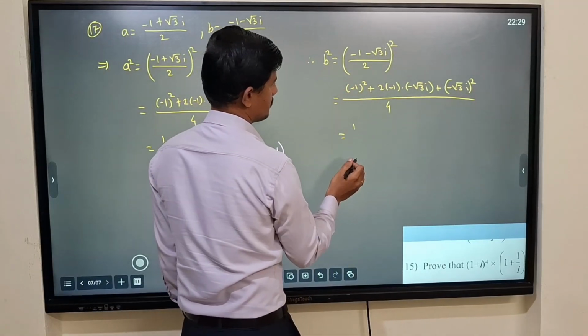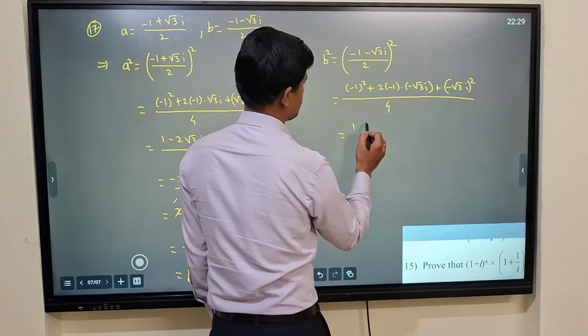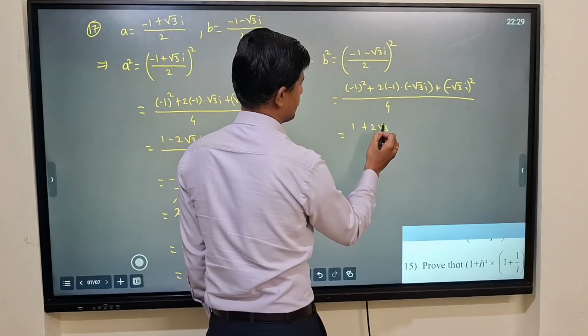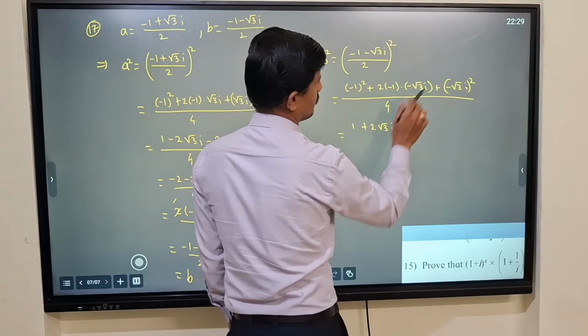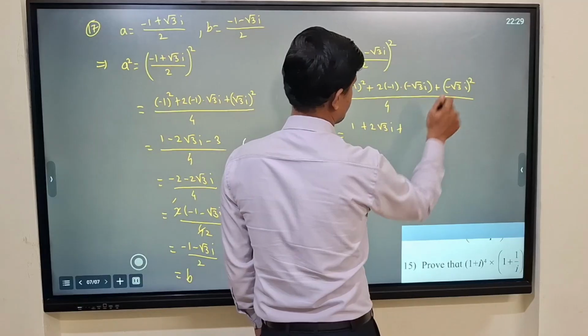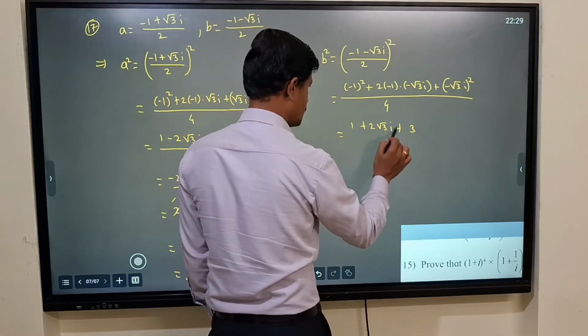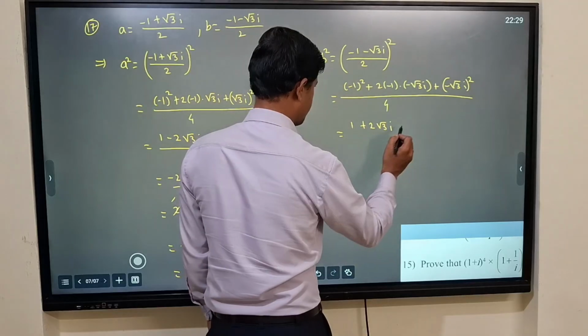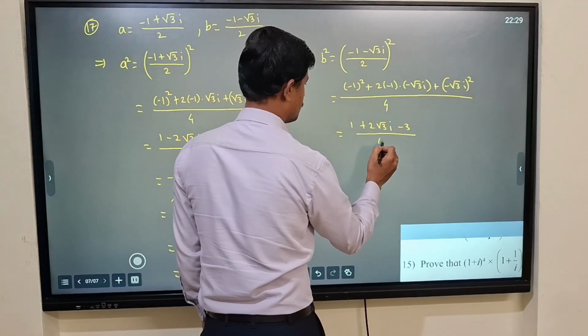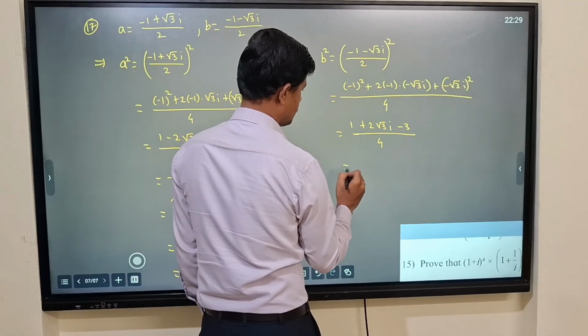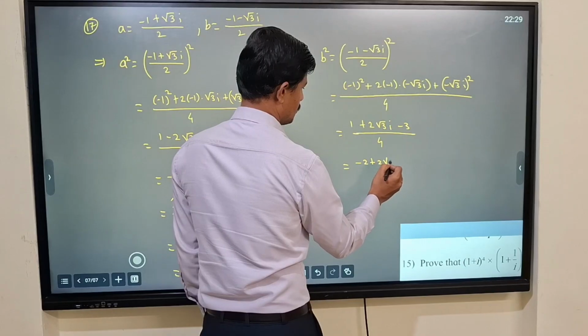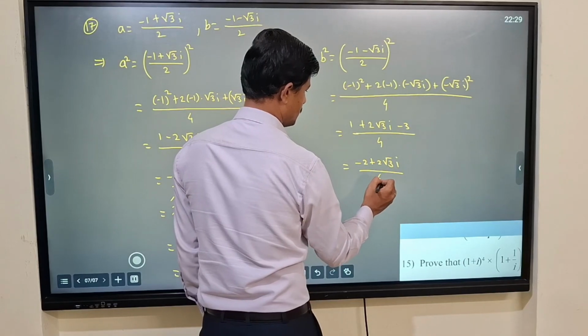So minus 1 square is plus 1. This minus minus becomes plus 2 root 3 i. The square of a negative value is positive. The square of root 3 is 3, but i square is minus 1, so this becomes minus 3 upon 4. So 1 minus 3 is minus 2, plus 2 root 3 i upon 4.